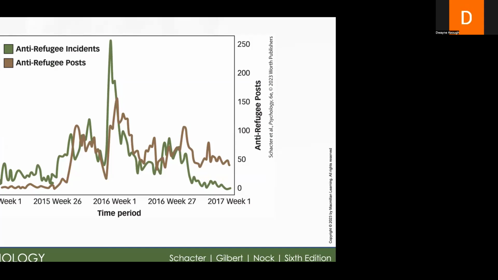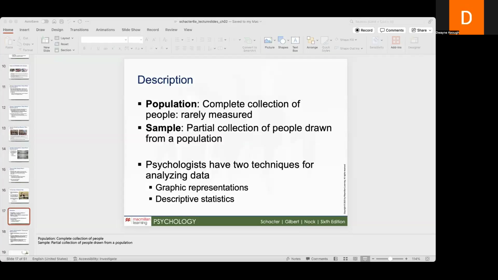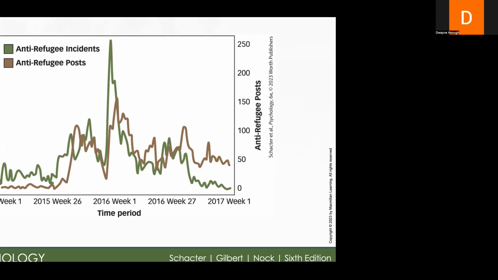But sometimes when we think about science and maybe refugee incidents over a period of time, how do people respond with anti-refugee posts corresponding to, if you will, refugee incidents? And sometimes it's not random. Sometimes they're related. So when things occur, especially incidents, people respond accordingly.